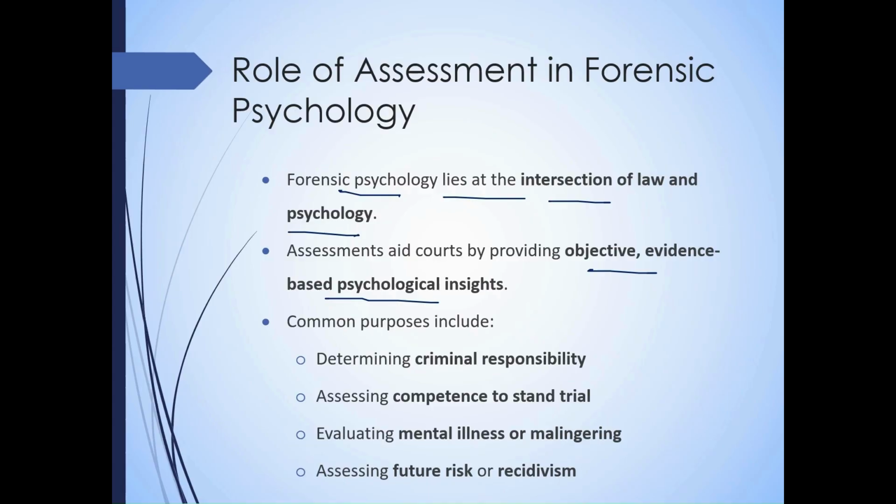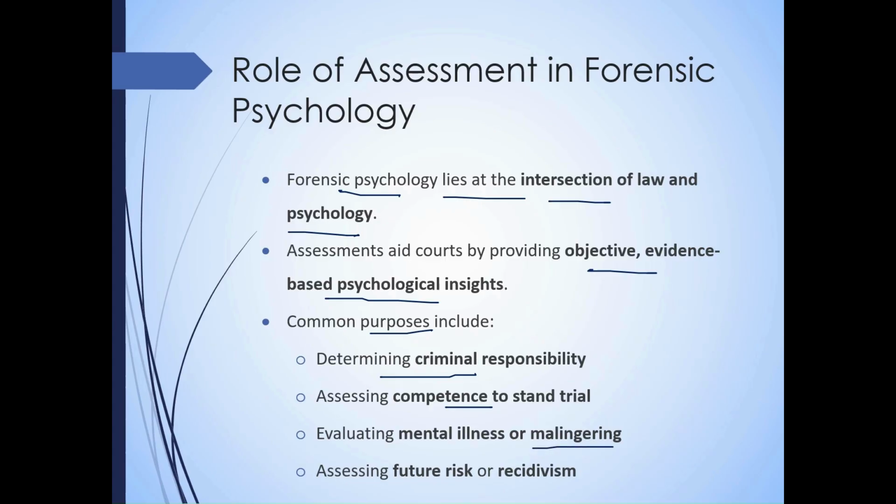So some common purposes or common uses of psychological assessment here involve determining criminal responsibility, checking if a person is actually competent to stand trial, that means whether they understand the court process and can defend themselves or not, and assessing mental illness or malingering. Malingering means whether the person was actually pretending to be ill.